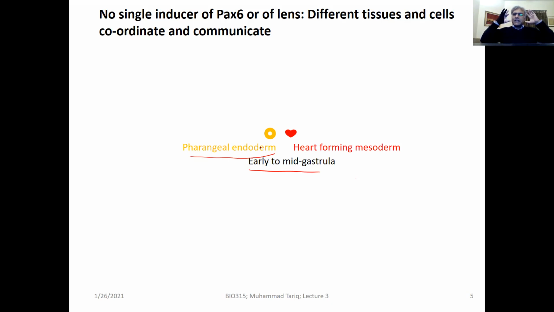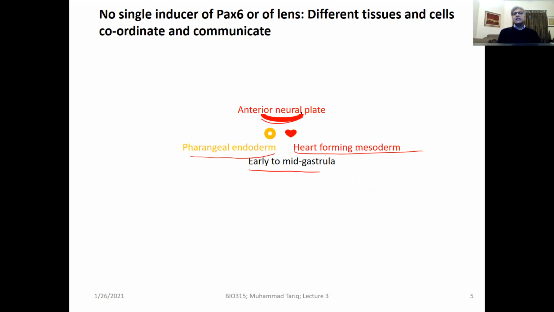But the cells whose fate is presumably the pharynx, coming from endodermal origin, together with the heart-forming mesoderm, send an earlier signal, maybe even prior to this stage. This signal tells the anterior neural plate that the cells at the ectoderm go into a depression mode.